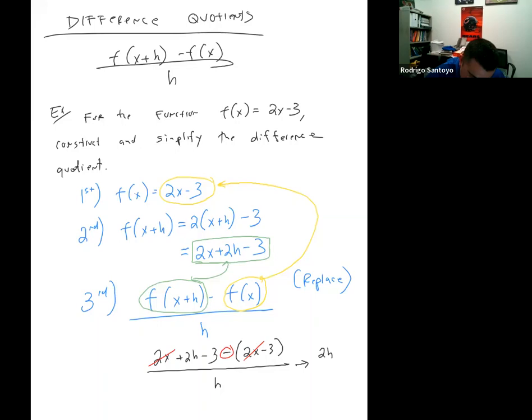Then I have a negative 3 minus a negative 3. Well, that's gone. So all I really have left is 2h over h. Cancels out. My answer here is just 2.